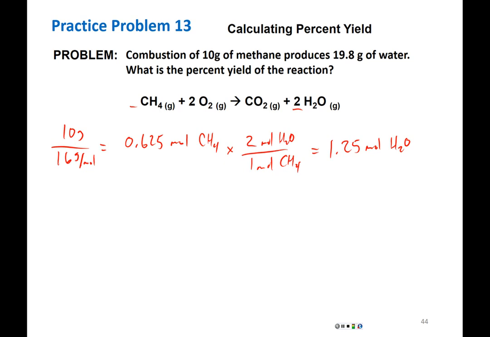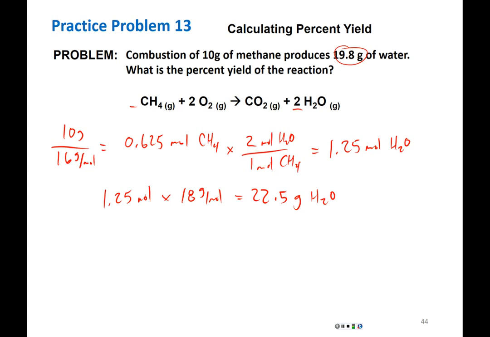But we're given the amount of water produced in grams, so we need to convert this into grams. So 1.25 moles of water times the molecular weight, 18 grams per mole, gives us 22.5 grams of water. That would be our theoretical yield.